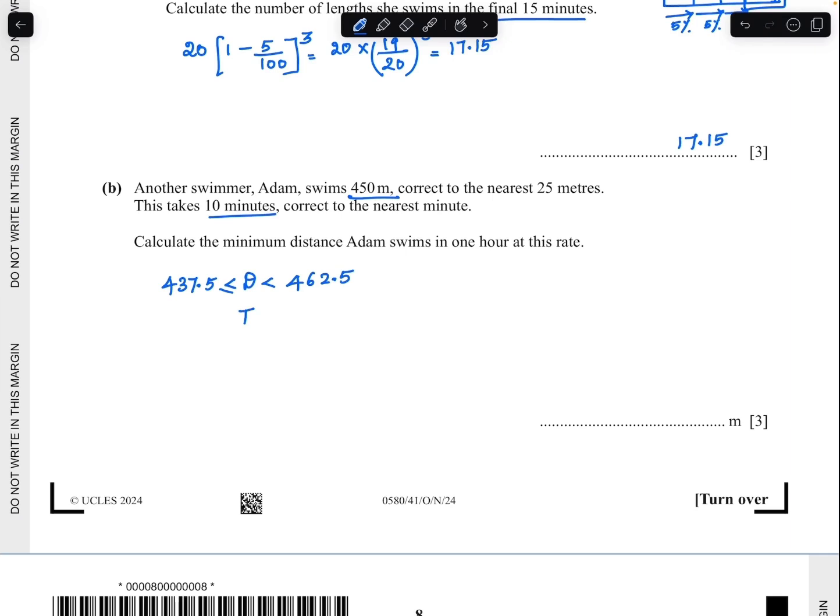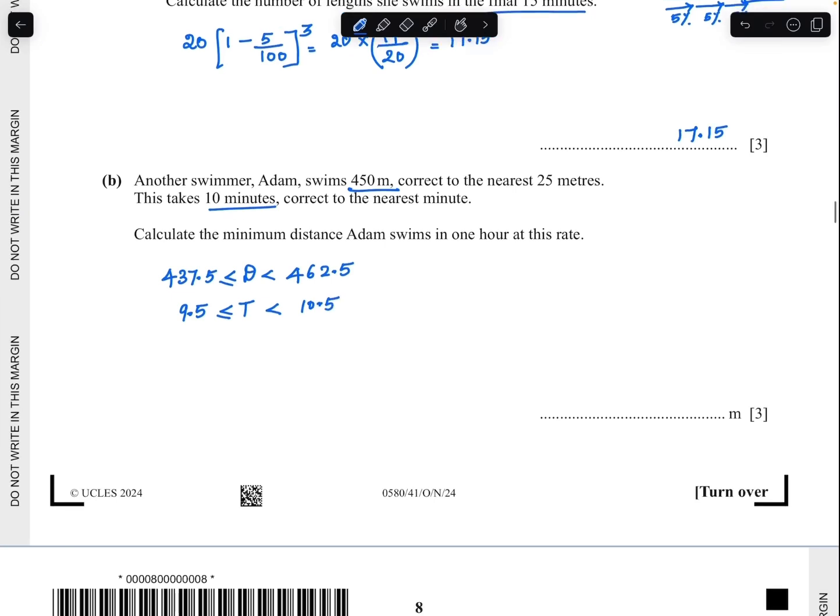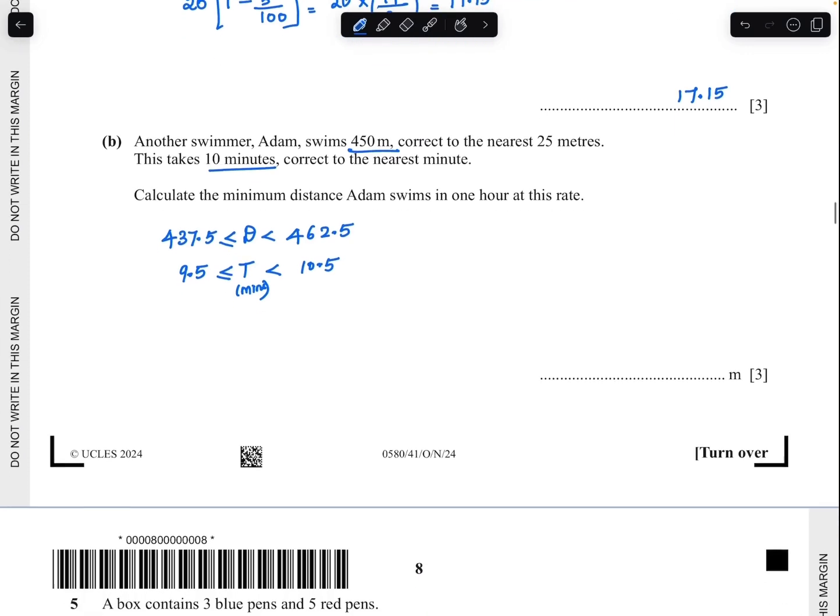Time. Time is 10 minutes, which is correct to the nearest minute. So time is greater than or equal to 9.5 and less than 10.5. Now this time is given in minutes actually, but the answer is expected in 1 hour, right?